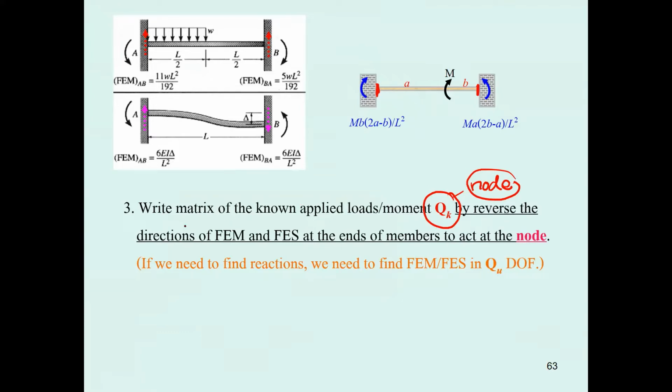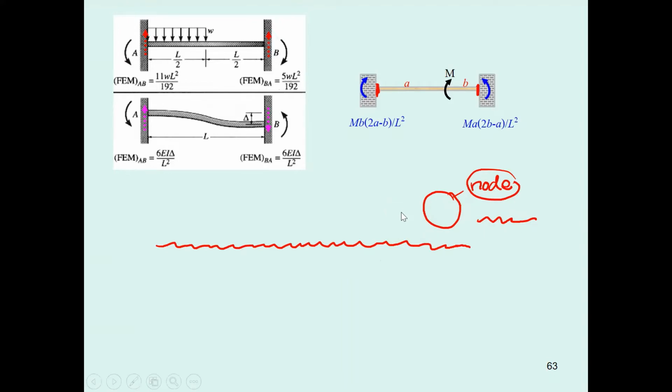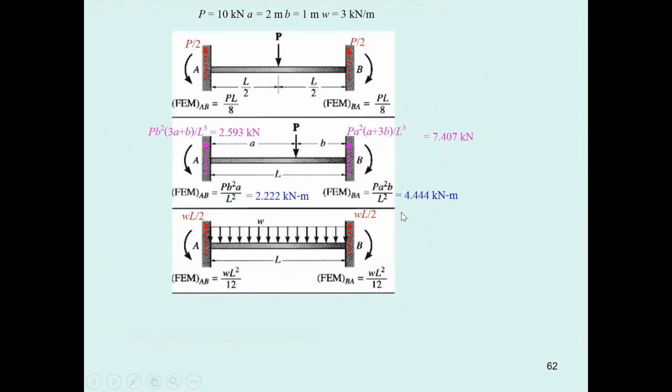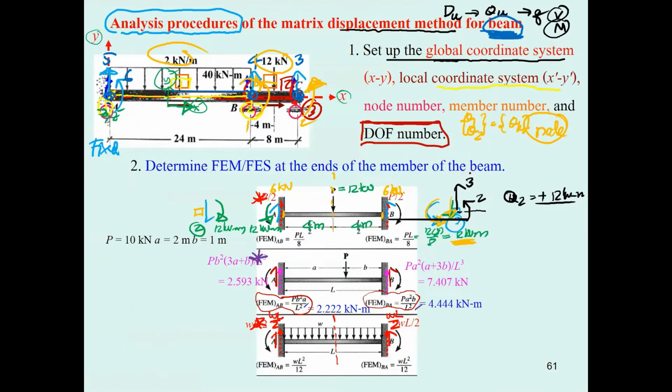So you guys need to reverse the direction of fixed end shear and fixed end moment, and use it as the Q sub K. And also in some way, if you go back to the previous one that I just mentioned over here, you can see in degree of freedom number 3, you have this one, the 6 kilonewton.